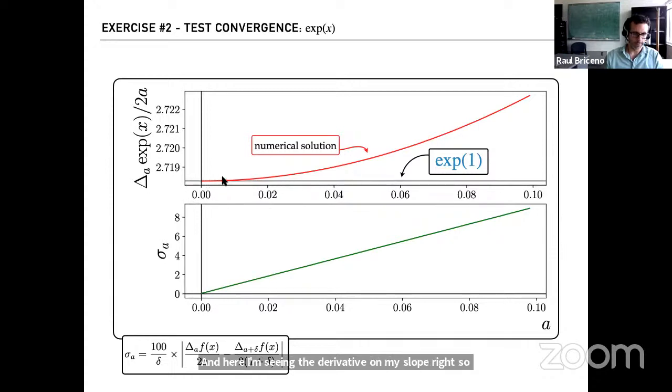So the derivative on this curve as a function of a. You see that my values, going from large a, start to converge. This starts to go down and down and down, and this result is converging.